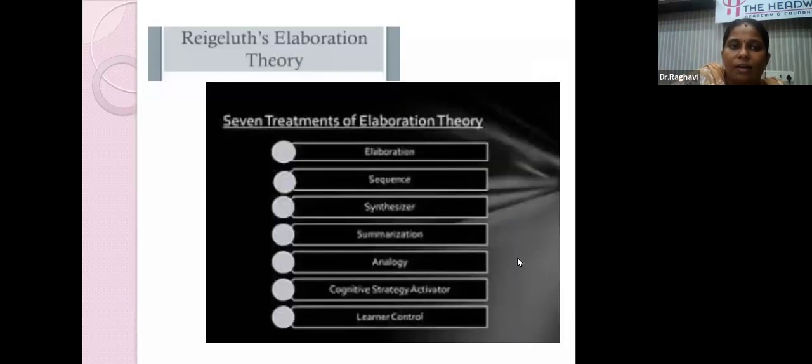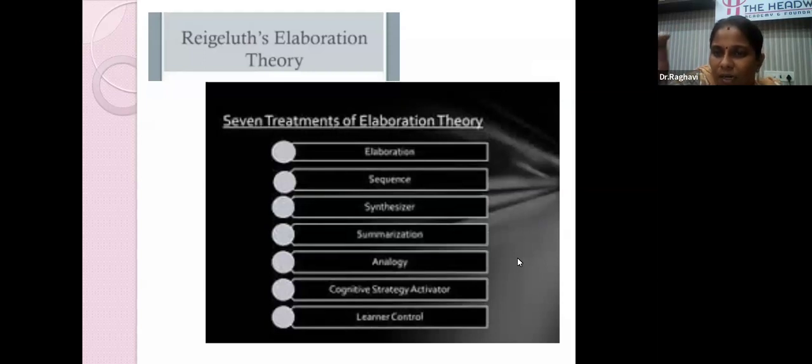So then the next model is about the elaboration model. I will make the other models a little quick so that we move on to the activity. So the elaboration theory is about a few steps. What is this elaboration all about?